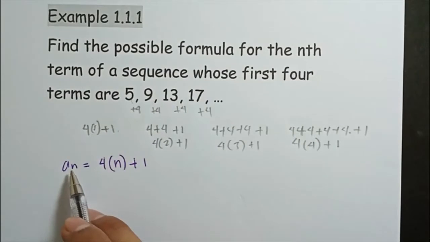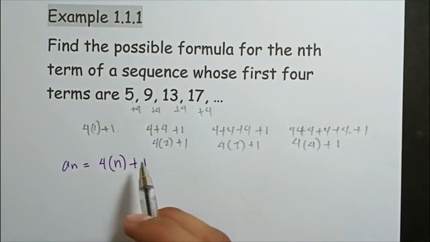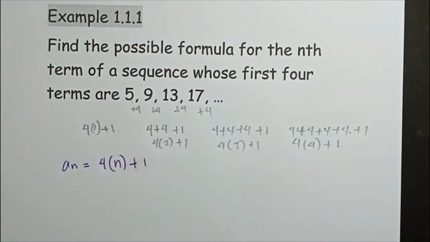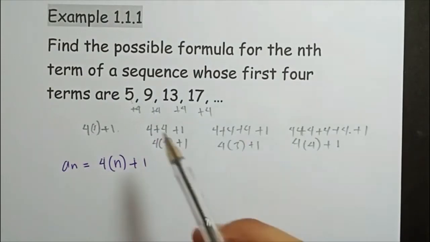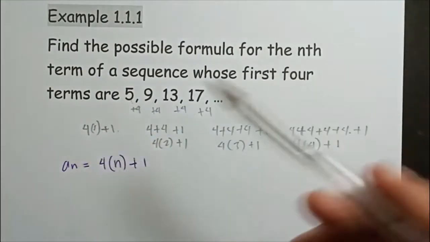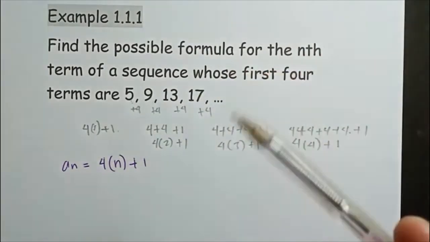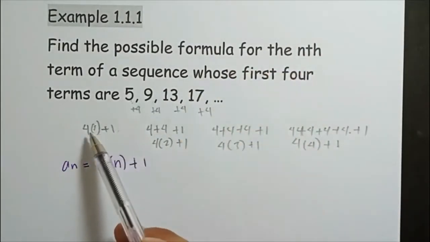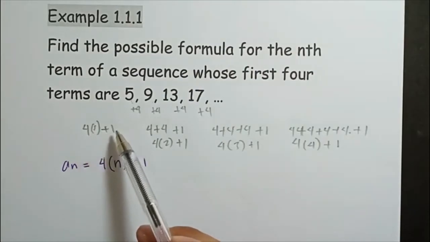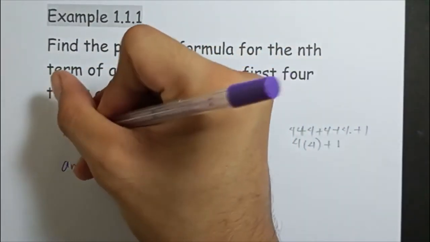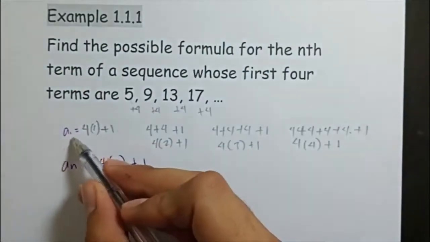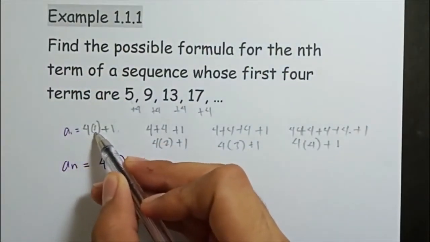So, ito yung general formula natin. Kasi nga, we can get the 9, 13, 17 by adding 4 to the prior term. So, ito 4 times 1 plus 1. Given na ito yung a sub 1.